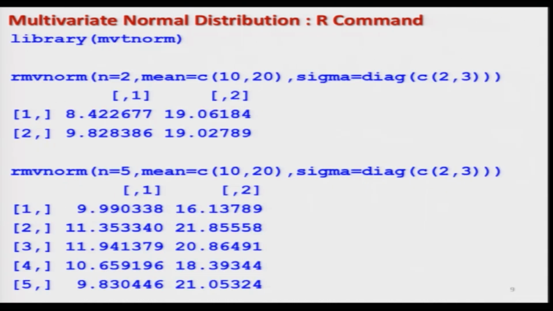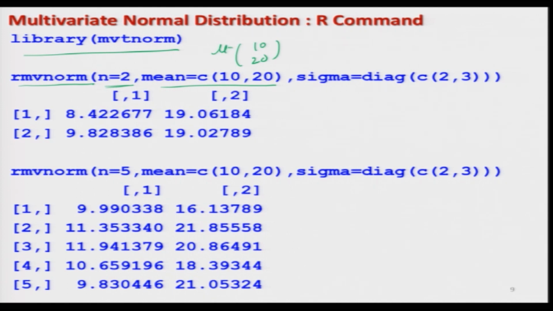Okay. Anyway, now let me show you how you are going to get the random numbers in this case. First, you have to load the library mvtnorm, and after that you just write the command rmvnorm with n equal to 2. For example, I want to get 2 sets of observations, and I am giving the mean as 10 and 20.